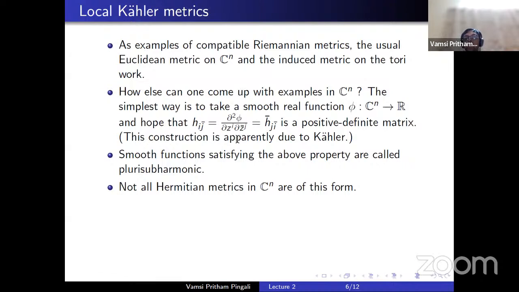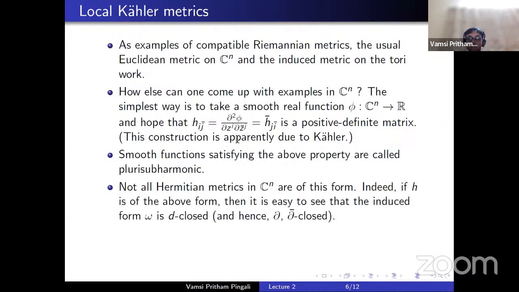So you can interchange i and k, and you can conclude that ∂/∂z_i of h_{k j̄} is ∂/∂z_k of h_{i j̄}, right? So this gives you a non-trivial collection of equations that h ought to satisfy, without which you cannot hope to find such a φ, right? So not all Hermitian metrics are of this form.